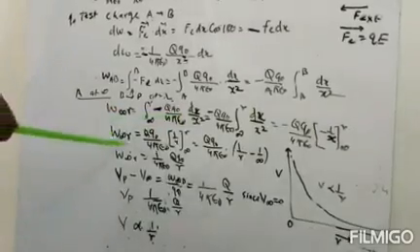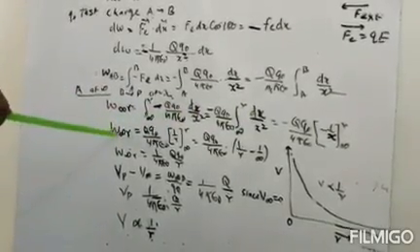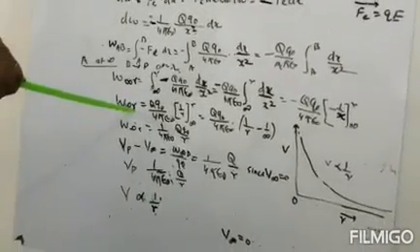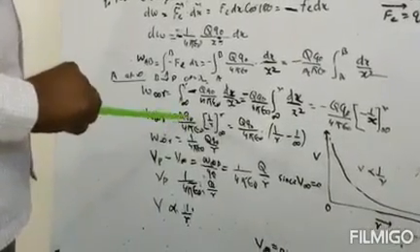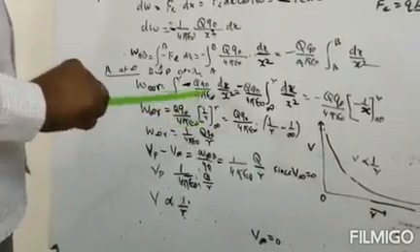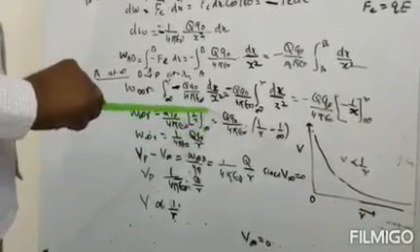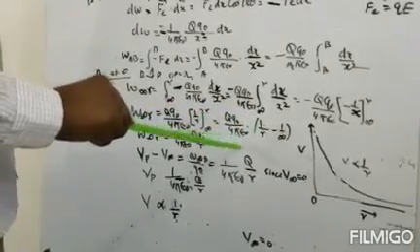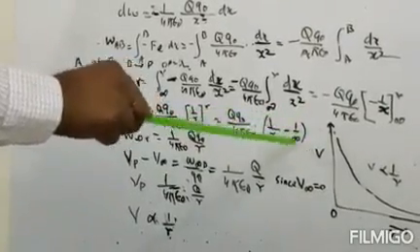So the work done to bring the Q0 charge from infinity to the point at distance r will be equal to capital Q small Q0 divided by 4 pi epsilon 0 into the bracket 1 by x, limit infinity to r. This will be equal to capital Q Q0 divided by 4 pi epsilon 0 into 1 by r minus 1 by infinity. 1 by infinity is 0.